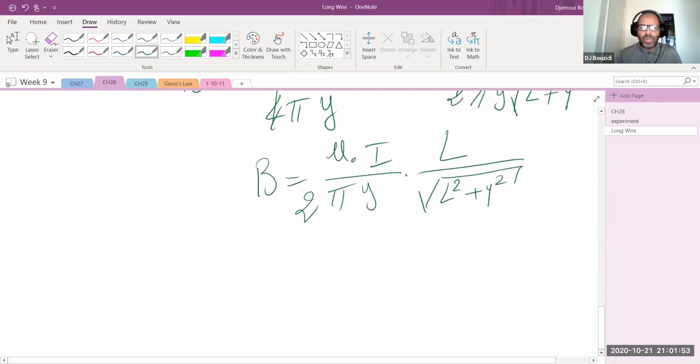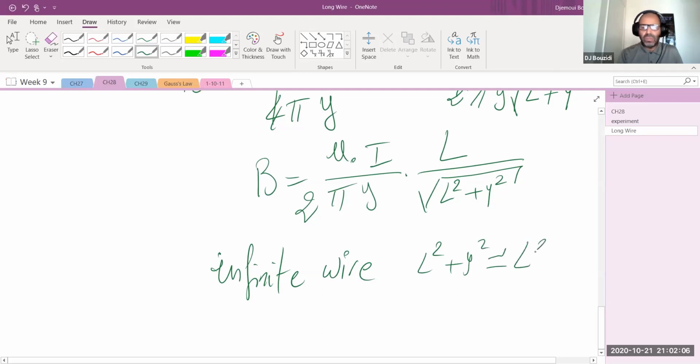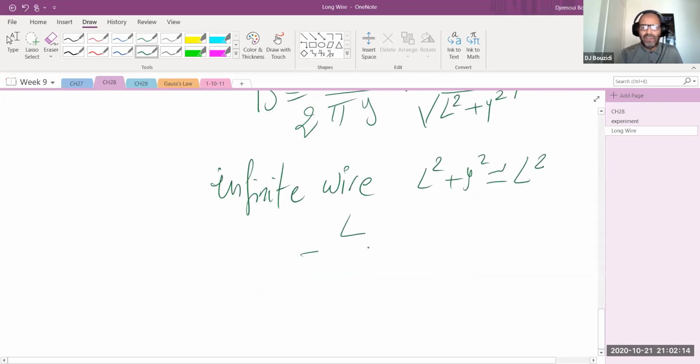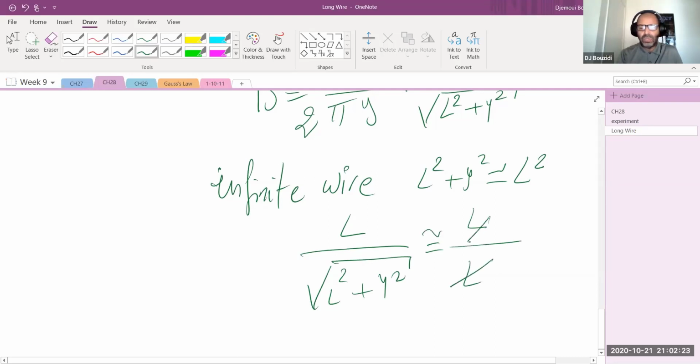If you guys don't have any questions, I'm going to take the limit of an infinite wire, which is really of interest all the time. Infinite wire means L squared plus y squared is roughly L squared, because y squared is negligible, and the square root of L squared plus y squared is L itself. So this ratio of L over the square root of L squared plus y squared will be the same as L over L, which is 1.